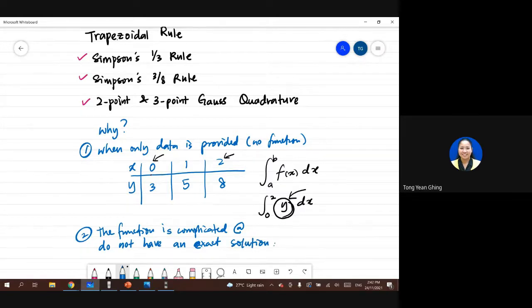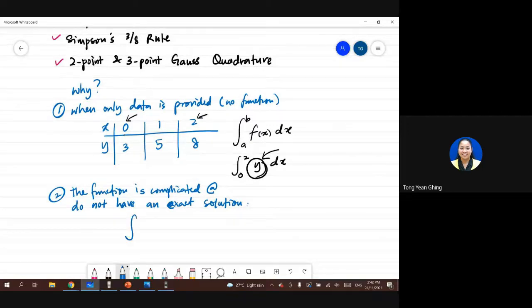Okay, for example, let's say this integration from 0 until 3, and we have to integrate this. We don't have the exact solution, so we have to do numerical integration.